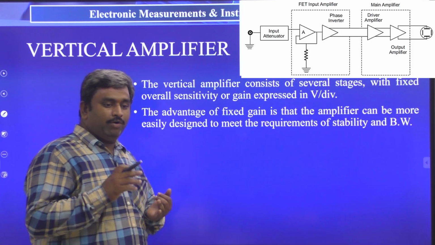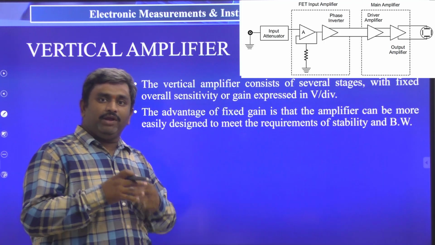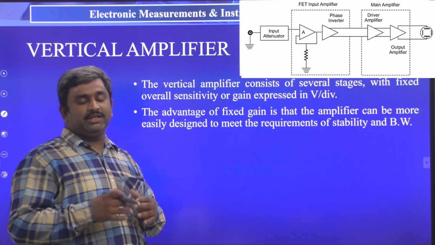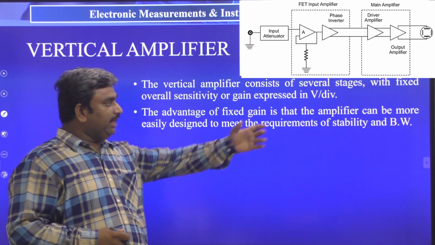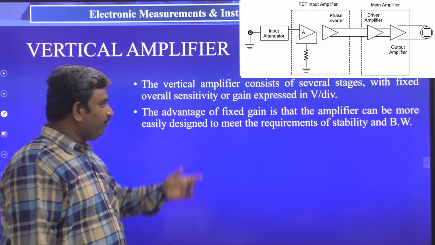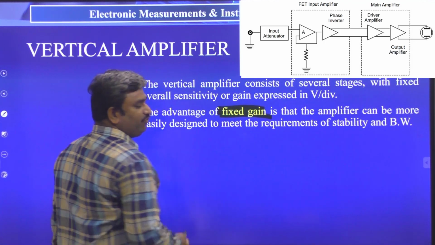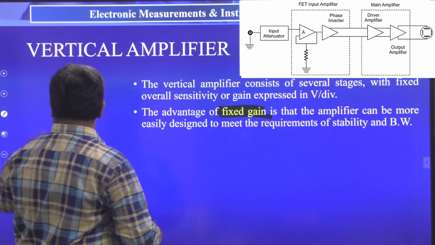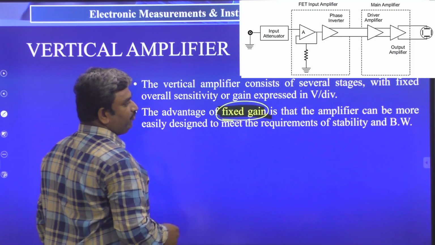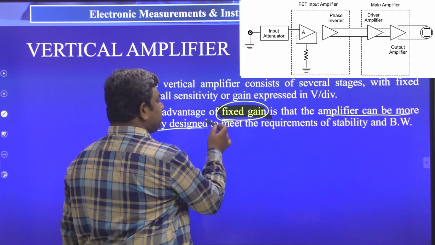When we take the stability and bandwidth parameters, whenever the designed circuit is fixed, the design circuit has a fixed gain, then the bandwidth and stability can be understood with more clarity. The importance of the fixed gain is that an amplifier can be more easily designed.